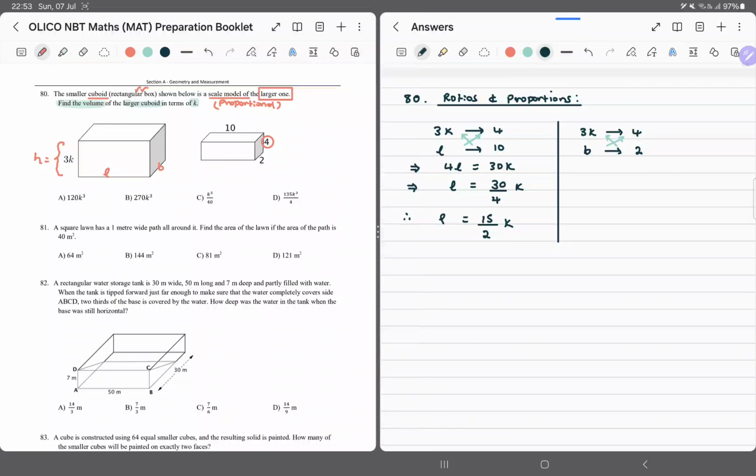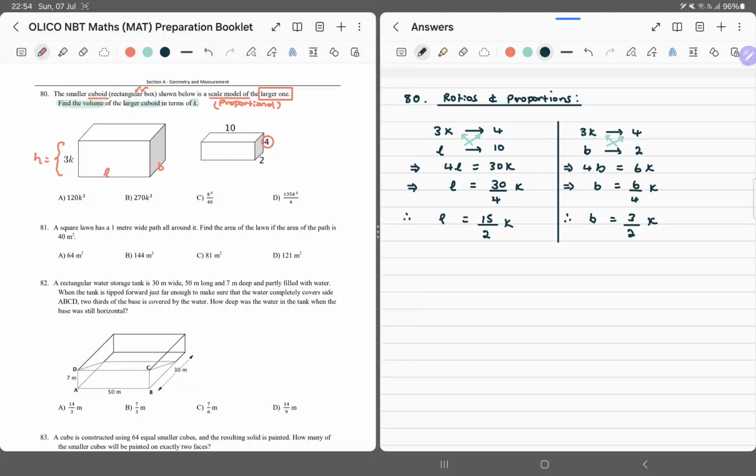So these are skills that are taught in the lower grades, grade 9 to be specific. So we've got 4b equals 6K. This implies that b is going to be 6 over 4K. And we know that 2 goes 3 times to 6, and it goes basically 2 times to 4. And we've got our breadth.